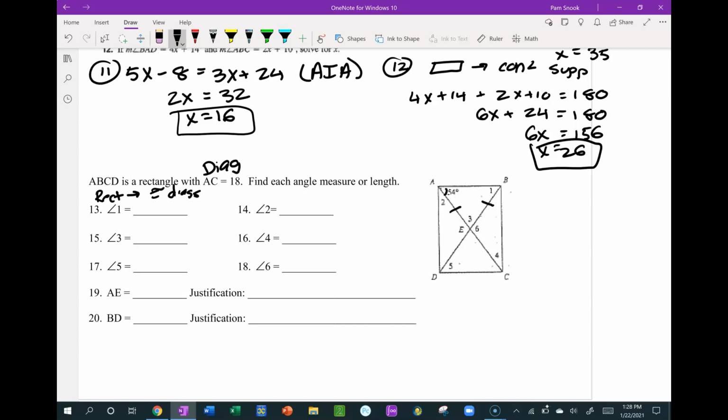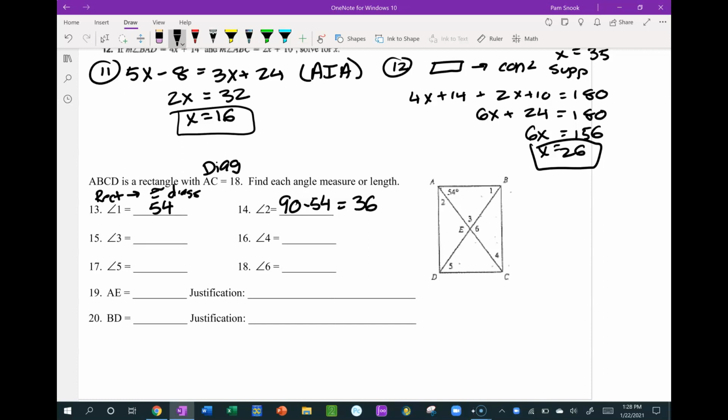So then this angle here that's 54 degrees is congruent to angle 1. So angle 1 is 54. Now number 14, we want to know what angle 2 is. Well, rectangle says that all four angles are congruent, so we have a 90 degrees angle in there. So angle 2 is going to be 90 minus 54. And I got 36.